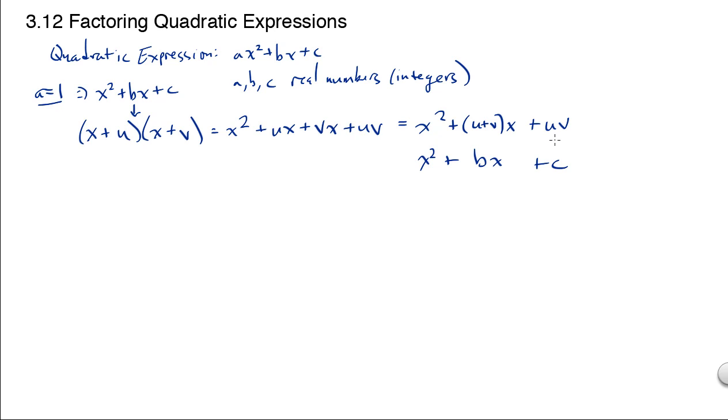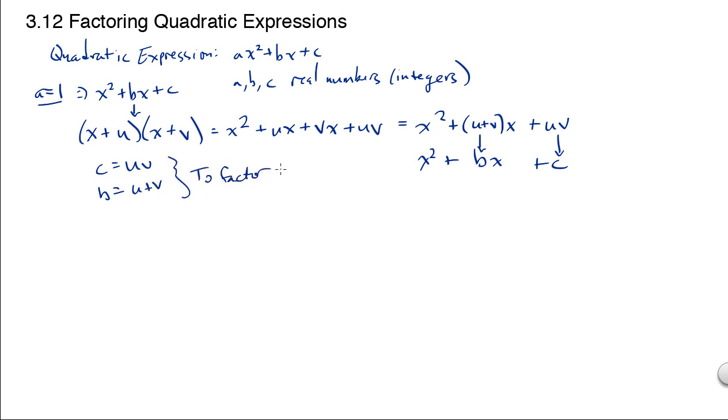That means our c, our constant term in our quadratic expression, has got to be equal to the product of the two numbers we're trying to find. And the b, the coefficient on the x term, is equal to the sum of those two numbers we're trying to find, u and v. So c equals u times v, b equals u plus v.